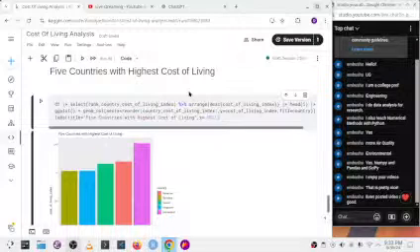You call a ggplot function, then you call the type of plot you want to create. This is a basic column plot. Then you have aesthetics, x and y variables. Okay, fill just says fill the bars in with the name of the countries, and there's just a label there.